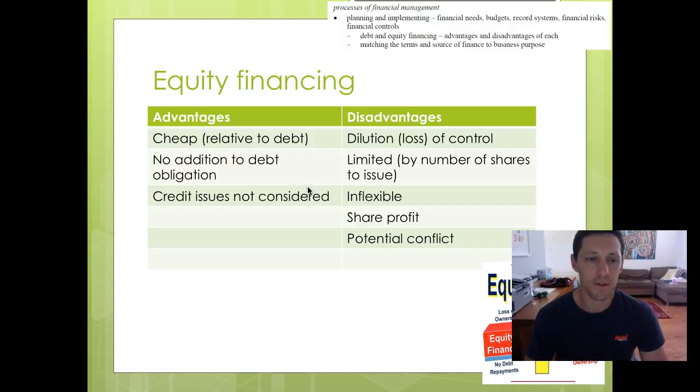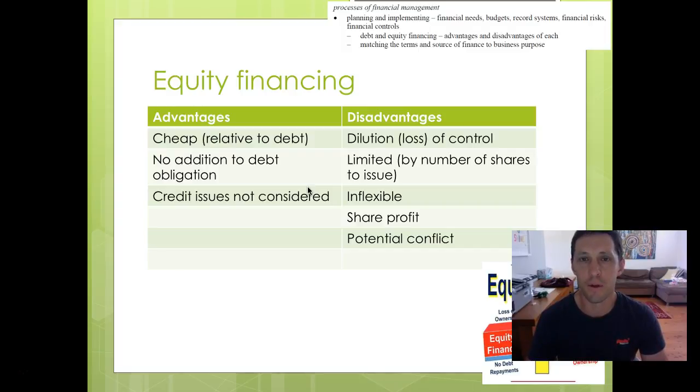Lastly, in terms of advantages, your credit issues aren't considered. When you go to borrow money from the bank, one of the disadvantages is you have to provide some sort of paperwork and jump through some hoops in order for approval. But with equity finance, your credit issue is not considered in terms of getting a loan. Now, people who are looking to buy shares in your company may well look at the creditworthiness of that organisation.